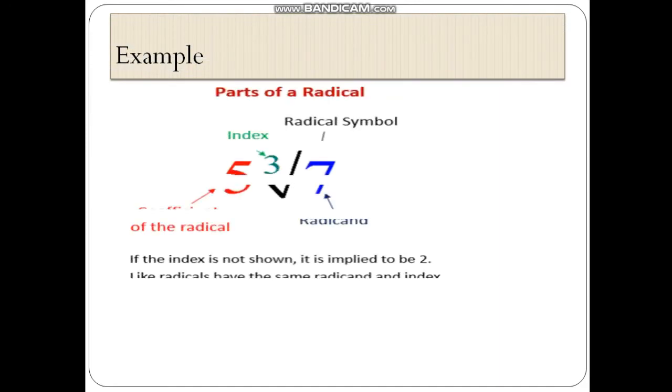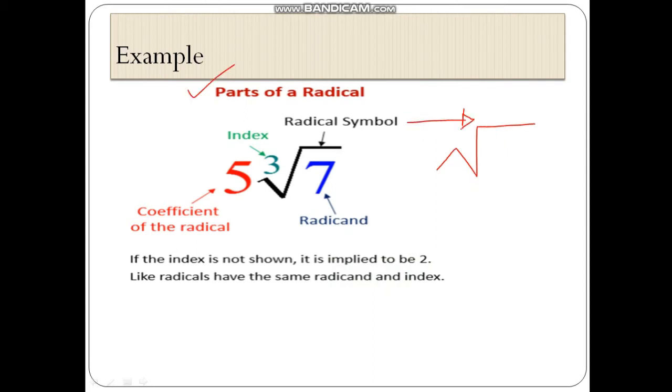Here we are taking an example of the surd. We can see that this square root is called the radical symbol. Inside of this square root, this one is called the radicand. This can be the index, can be 2, can be 3, can be 4, can be n, and this is called the index.